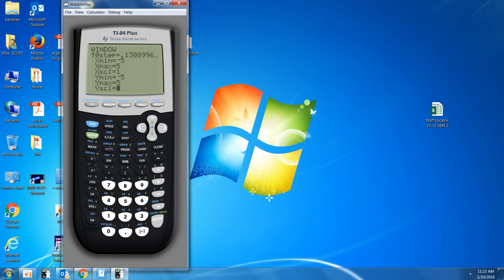When you graph this, you're going to see, hopefully, the same graph that we just made. Now, it does that pretty quickly, and one thing that you may also notice is if you go to the table, notice I have it in ask mode, which means I can put in this 2 pi divided by 9.